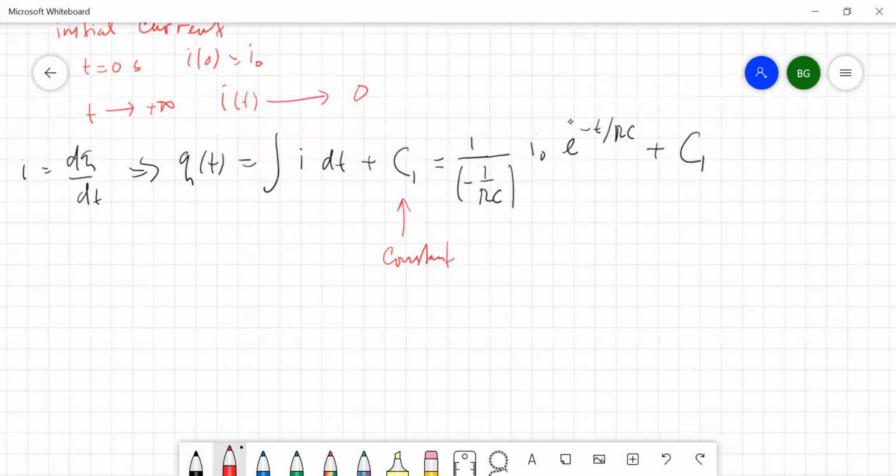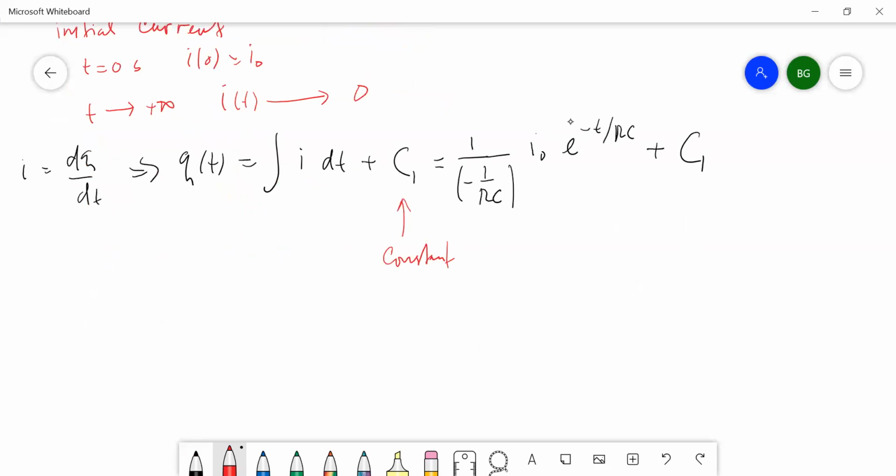So we get Q(t) equals minus RC I0 e to the minus t over RC plus C1.